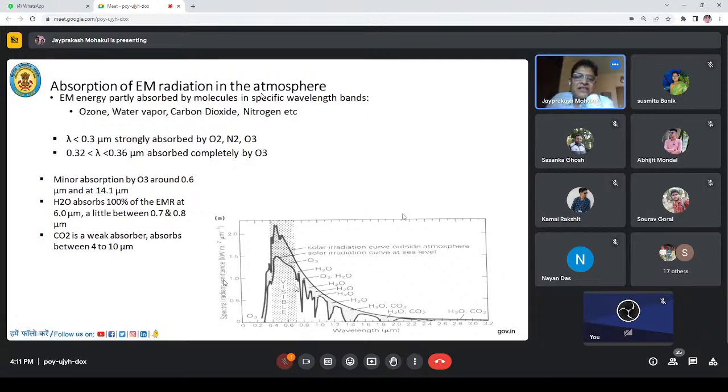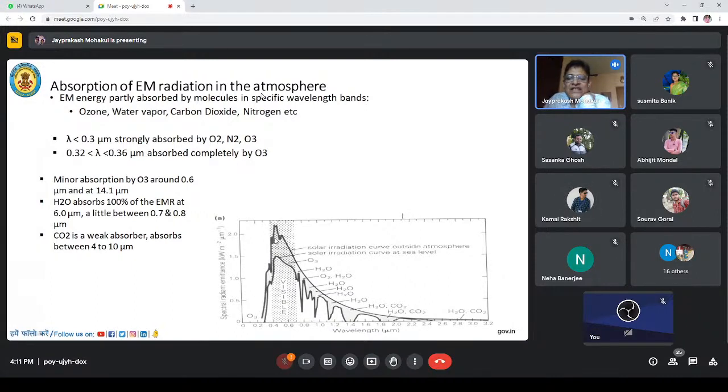Spectral radiant emittance, right? How much energy gets emitted? Can you see this curve on the top? Yes, sir.